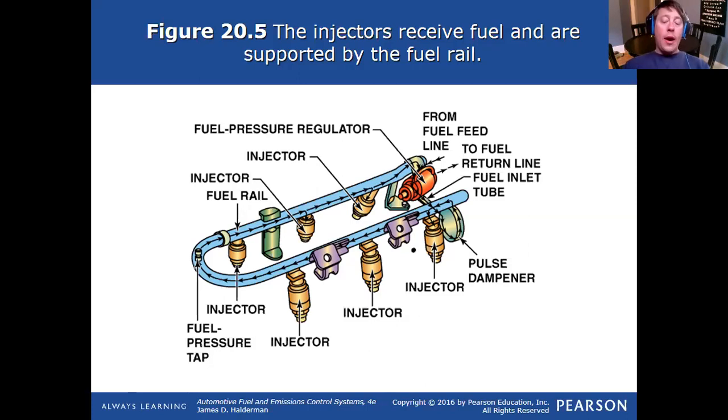Now, another way manufacturers will assist in dampening is by the shape of the rail itself. In the textbook, I know it's in there, on page 264, figure 20-15, you see this rectangle looking fuel rail.